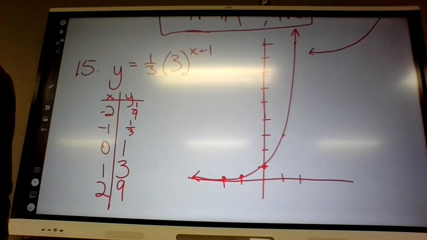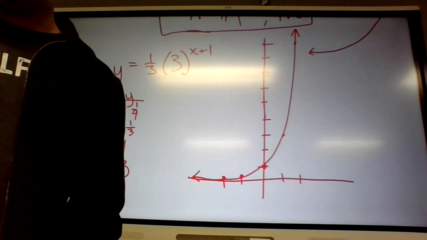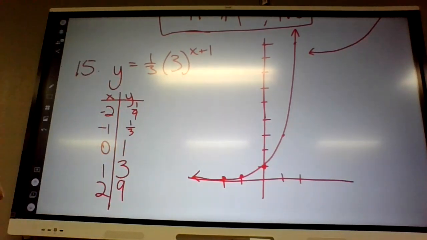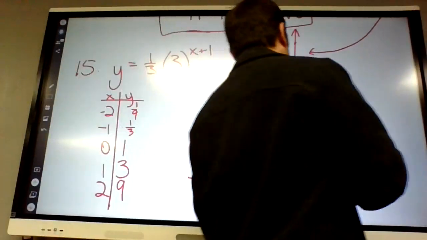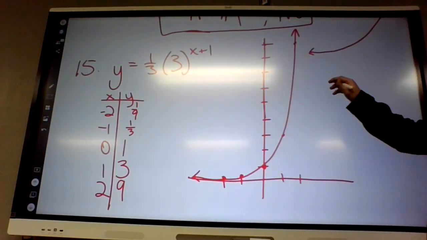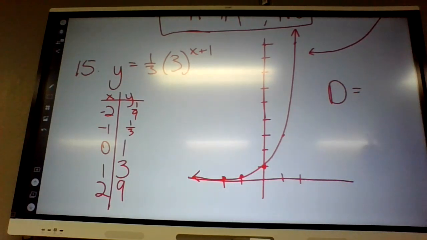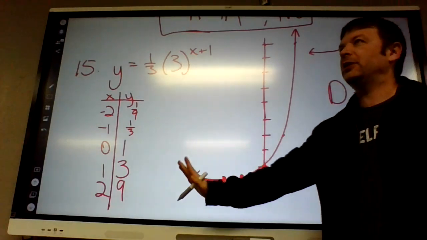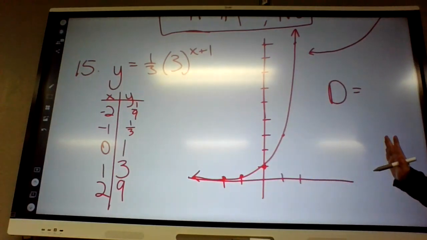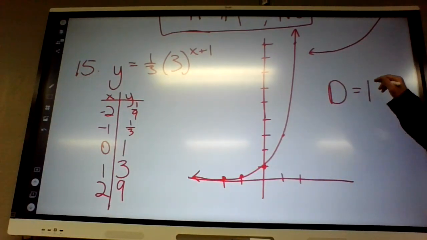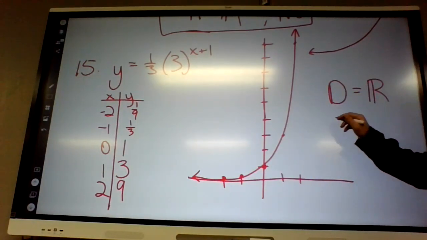Okay, we need the domain, the range, the y-intercept, and then we'll talk about the asymptotes. Okay, what is the domain? Are you guys done? What x values work? How far left and right does it go? Forever. So it's all real numbers.